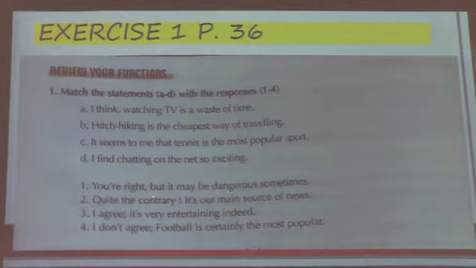Quite, to some extent. Quite the contrary, it's our main source of news. If you want to know about what's going on all over the world, you listen to the news on the radio or you watch the news bulletin on TV.